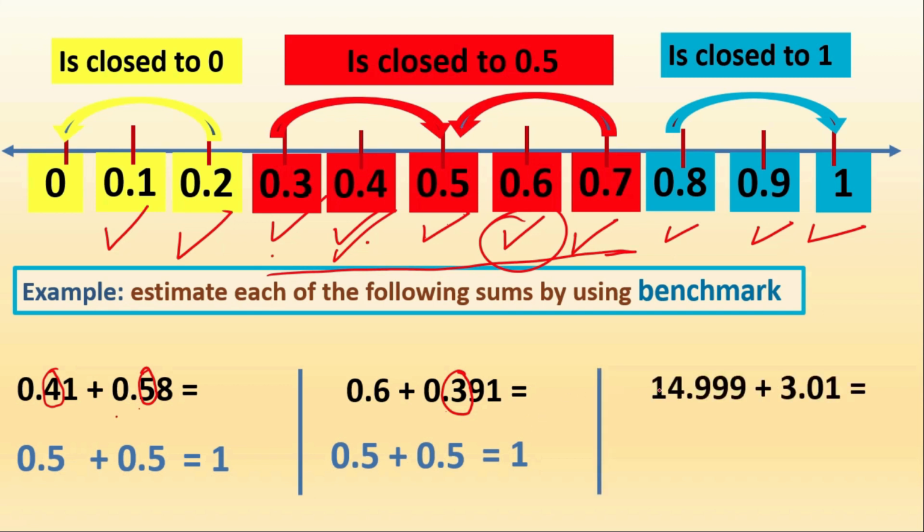The last example, 14.999 plus 3.100. Here we have to split the number into two parts, whole and decimal. The first number is 14, right? 14 whole. Then the decimal number is 999.